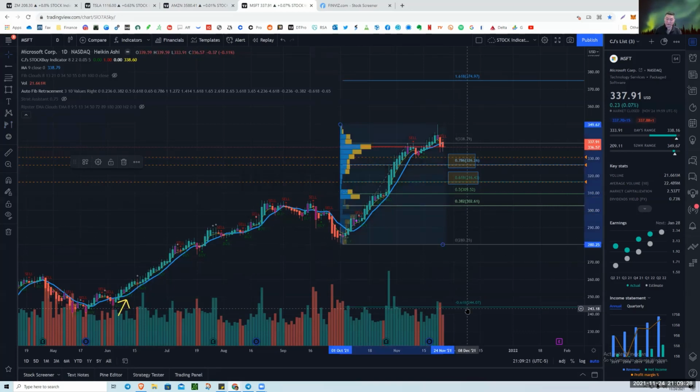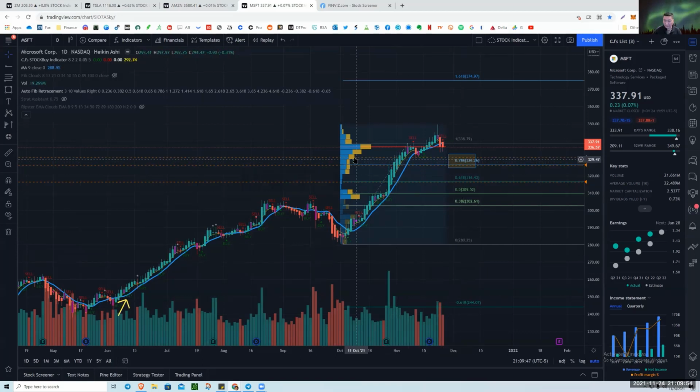What this does is it gives me the volume at each particular price. Notice that there's a huge gap right here. If I look at that, I would say 316 may not be a real support or resistance because there's a gap fill that's going to take place there.